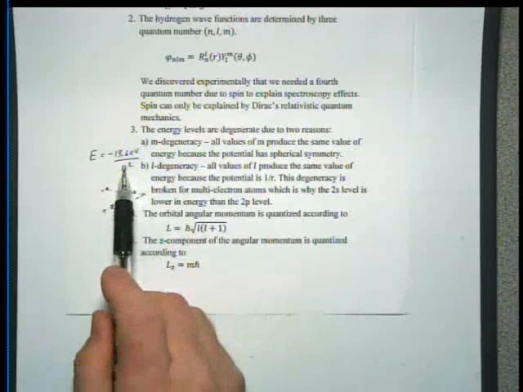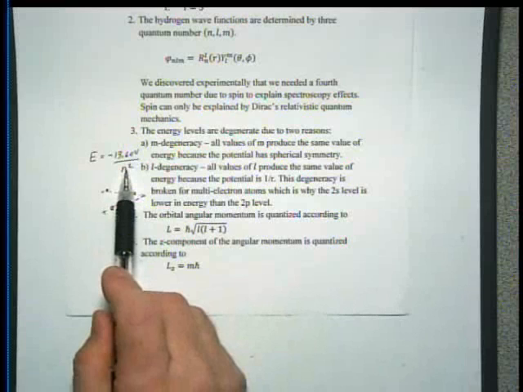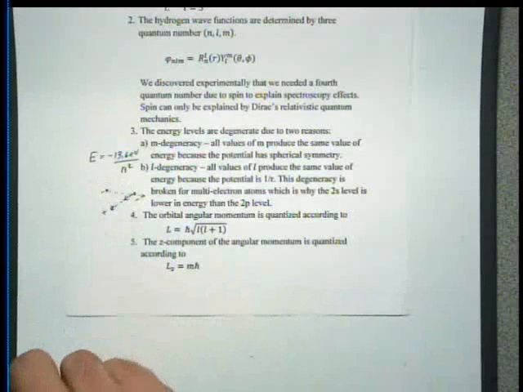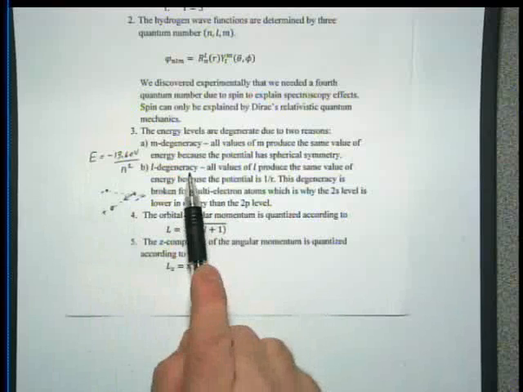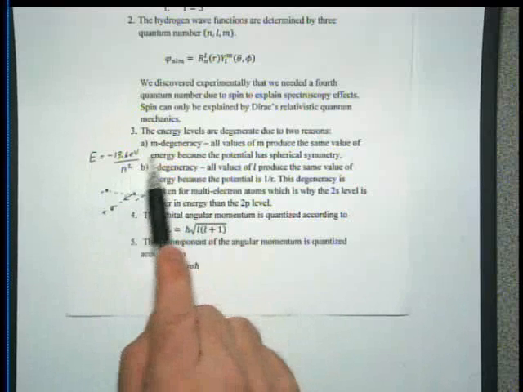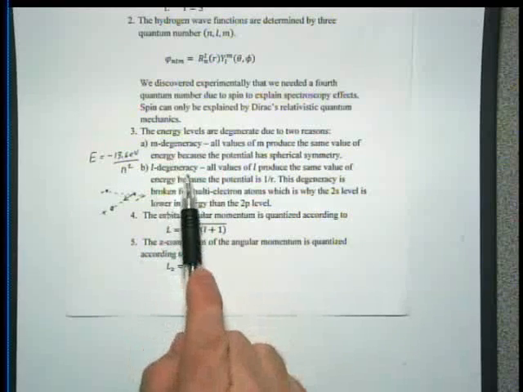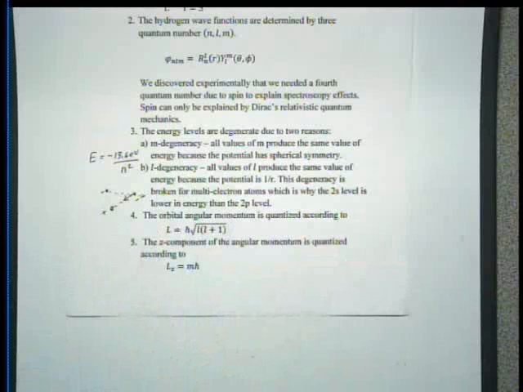Now, because of that, it says I can change L to be any value I want. So if n was 2, L could be 1 or 0. And those are different states. They have the same energy. So therefore, it's got a degeneracy for different values of L. And likewise, I can change m, because if L is 1, m could be minus 1, 0, or 1.